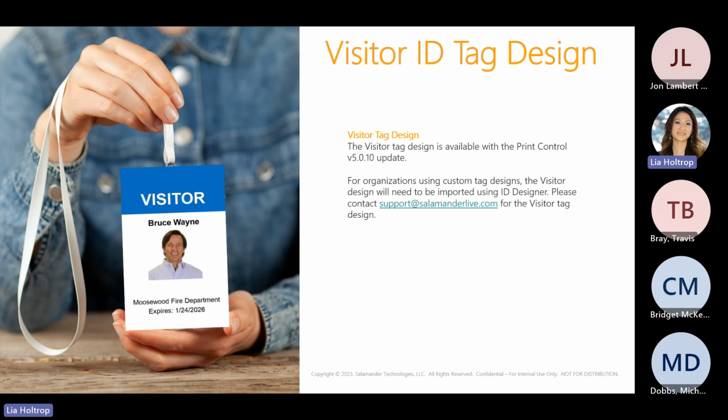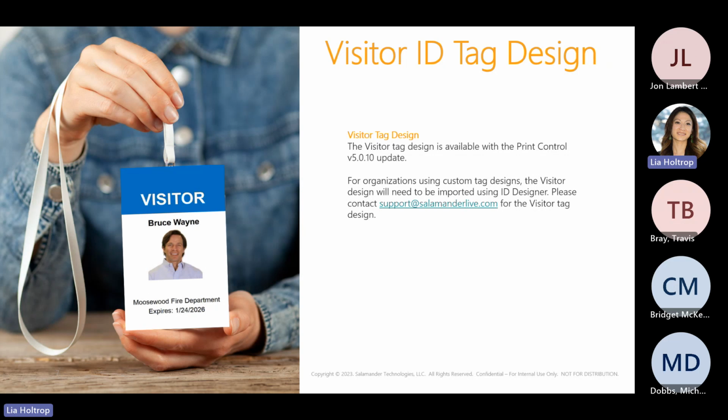Okay. Now, this is for people that are not using custom designs. If you're using your standard tag designs, then this is how you would do it. Update your print control to the newest version, and then that newest version would include the new visitor design. Now, if your organization is using custom tag designs, the visitor tag design will need to be imported using ID Designer.